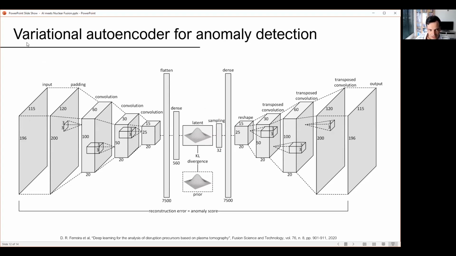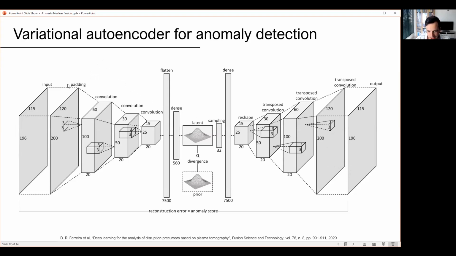So here you see something that is very, very standard nowadays, which is using a variational autoencoder, and it's called an autoencoder because it receives some data as input and it tries to reproduce the same data as output. So that's why it's called an autoencoder.